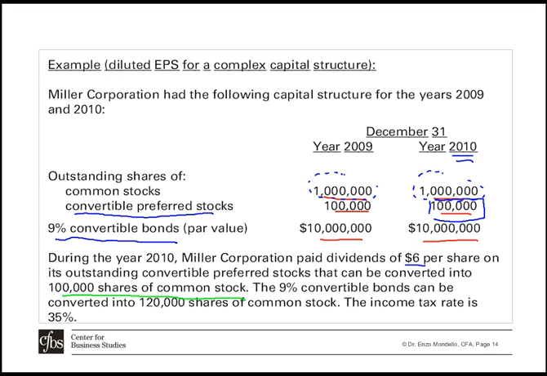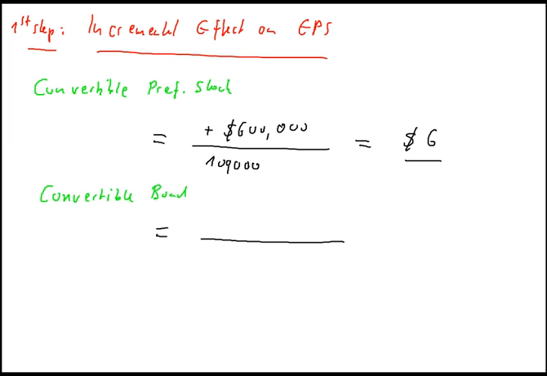And we know from the example that the convertible bond can be converted into 120,000 shares of the common stock. The information is given here, so I can include in the denominator 120,000 common shares times 12 months over 12 months.